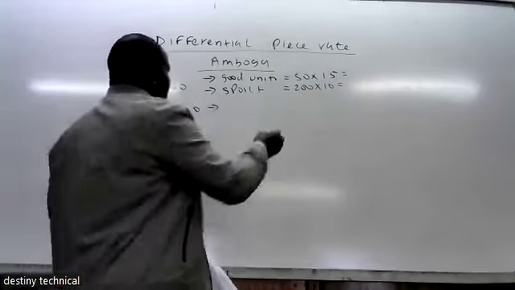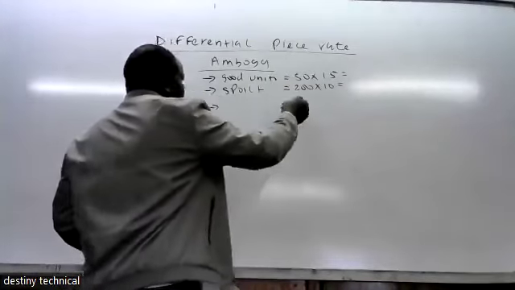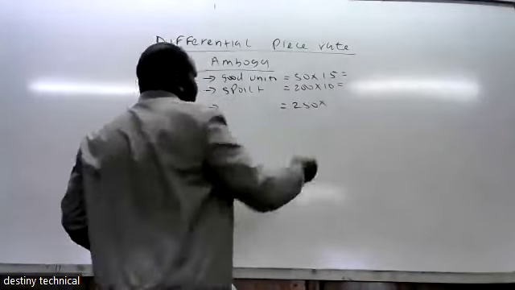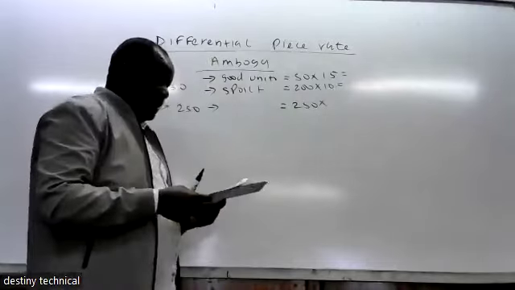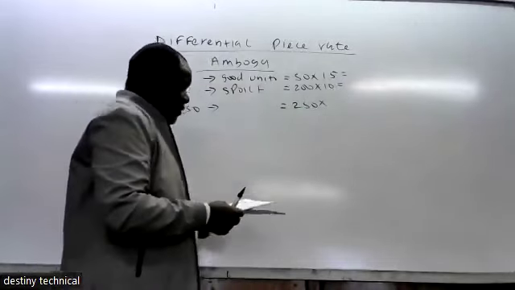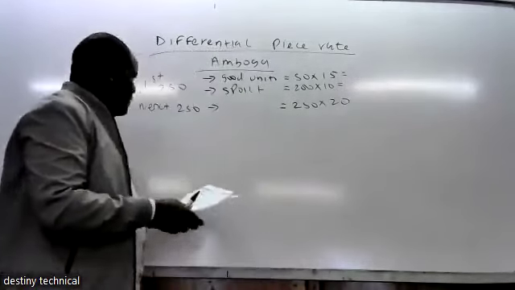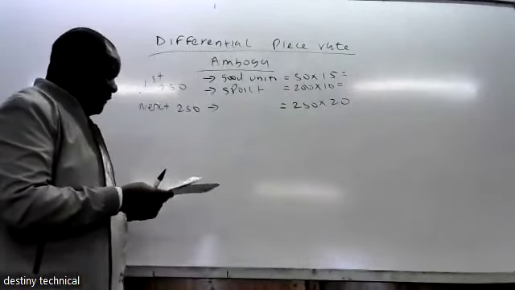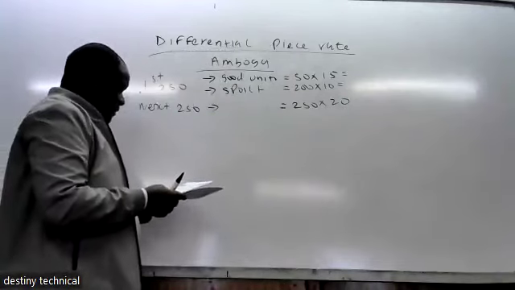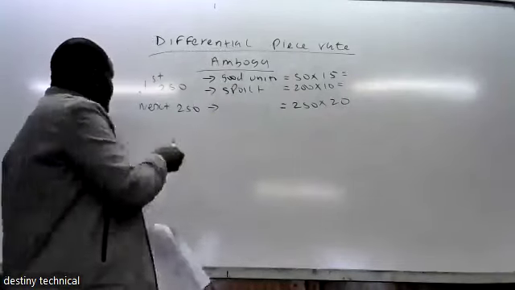So this one, you simply take the 250 multiplied by 20, as they were charged at 20. Then the next 500.